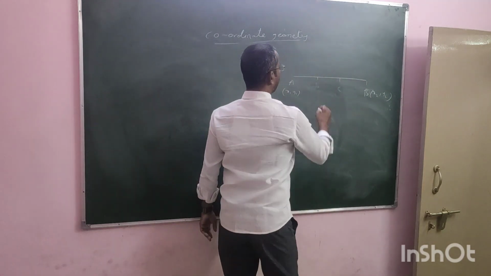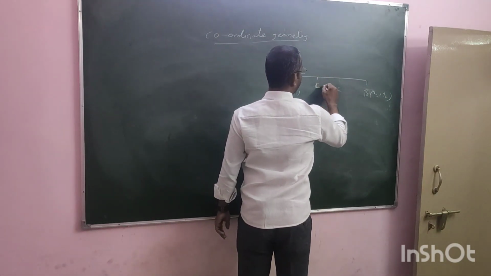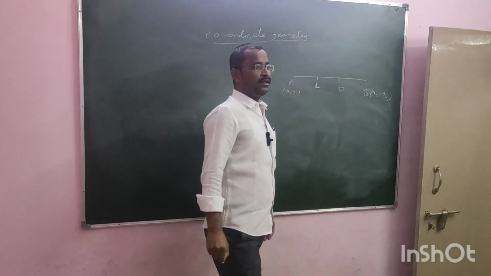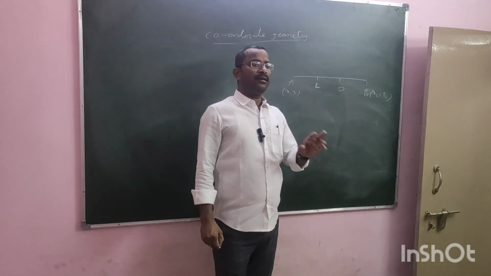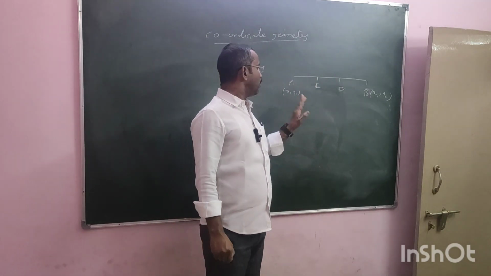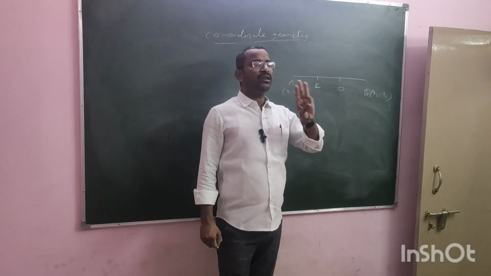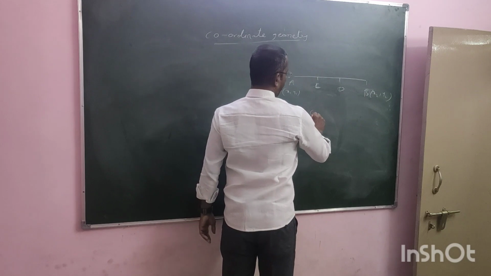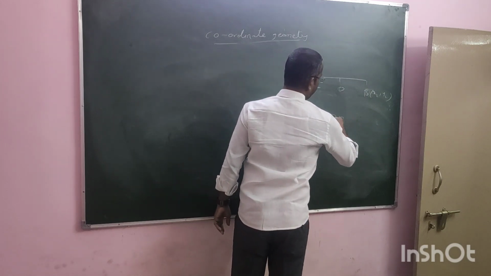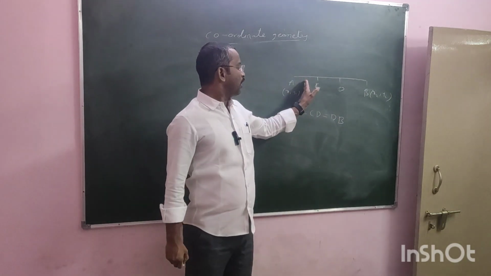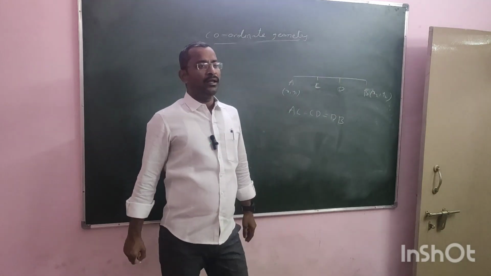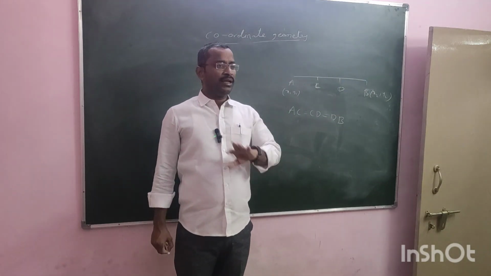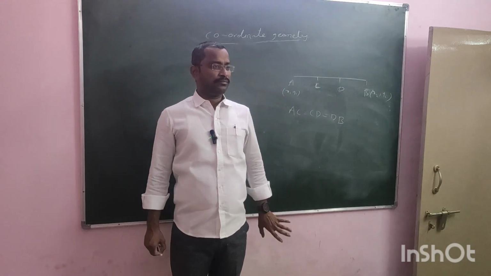Now you are taking the 2 points, say C and D. C and D are the points which are dividing AB into 3 equal parts. 3 equal parts in the sense AC is equal to CD is equal to DB. 1, 2, 3. In the trisection concept, he won't give you the ratio. You need to take it.